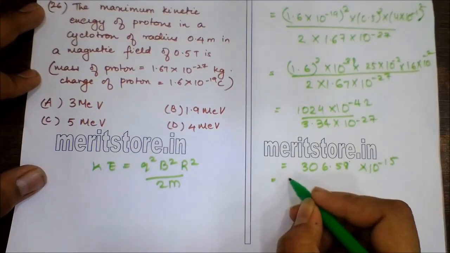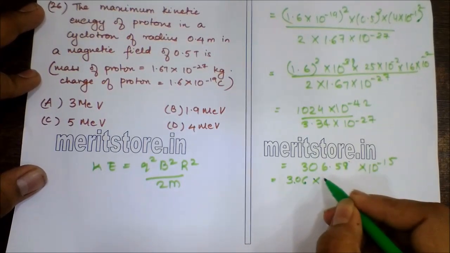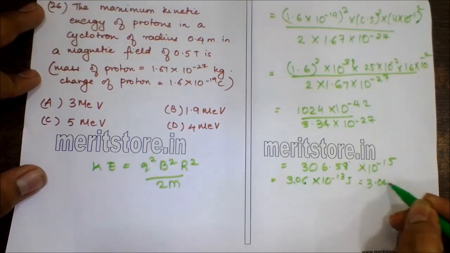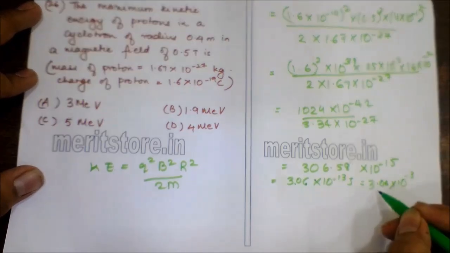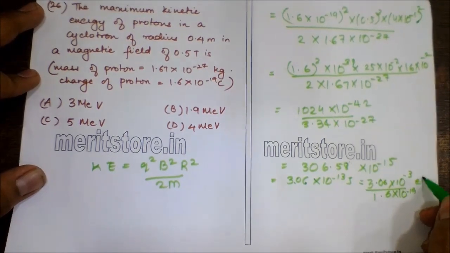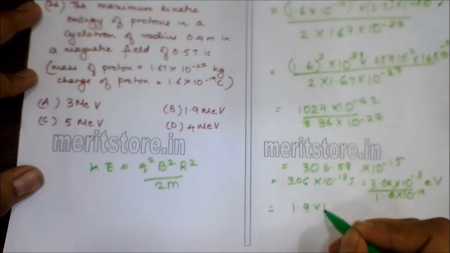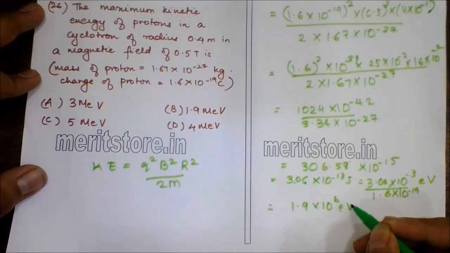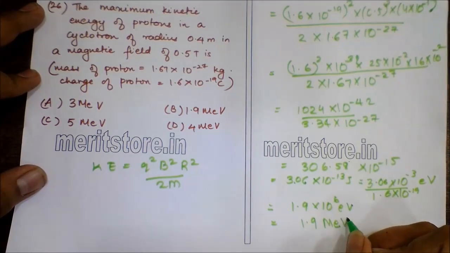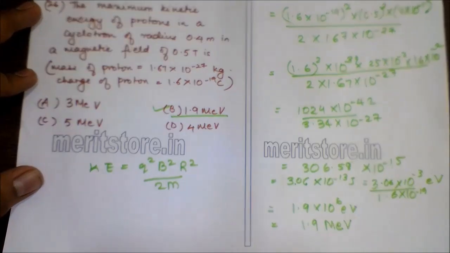So 3.06 into 10 raised to minus 13 joules is equal to 3.06 into 10 raised to minus 13 upon 1.6 into 10 raised to minus 19 in terms of electron volt. On solving, we get 1.9 into 10 raised to 6 electron volt. So that is equal to 1.9 MeV. So option B, 1.9 MeV, is the correct answer.